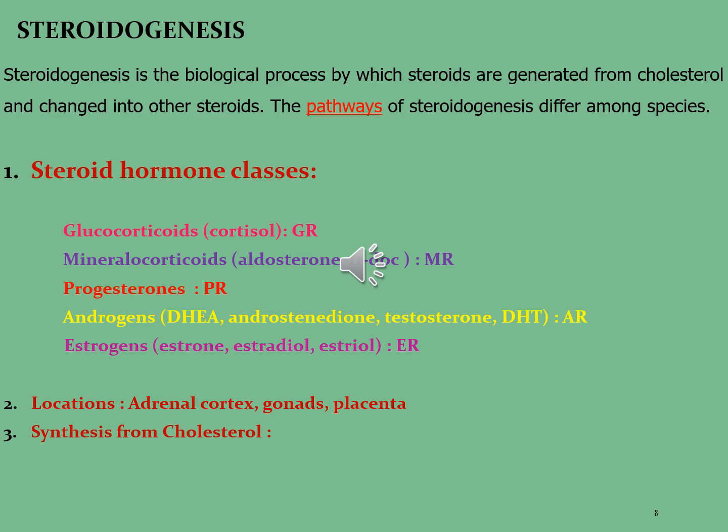So let's start with the steroid hormone classes, and we can see we have 1, 2, 3, 4 and 5 major classes of steroid hormones. Each of these hormone classes is defined by the receptors that they activate, which then dictates the physiological effects of these hormone classes.